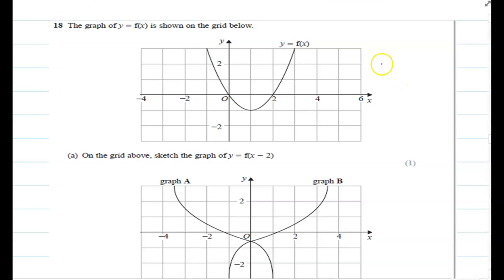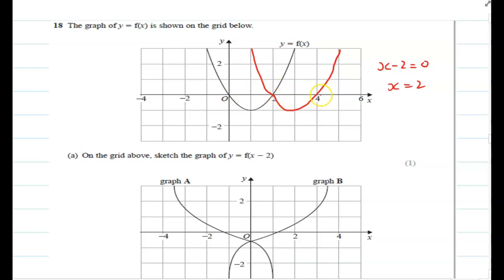This graph is shifting: x minus 2 means x equal to 2, so this graph is shifting 2 units to the right side. I have shifted this graph 2 units right. It was passing through 0, now it is passing through 2; it was passing through 2, and now it is passing through 4.